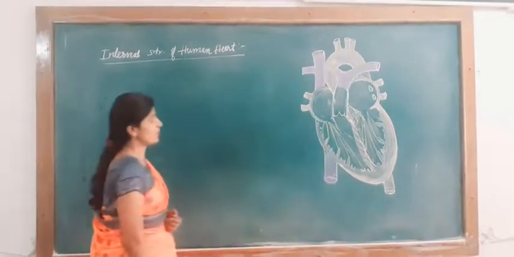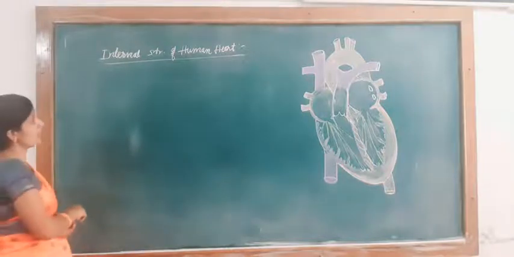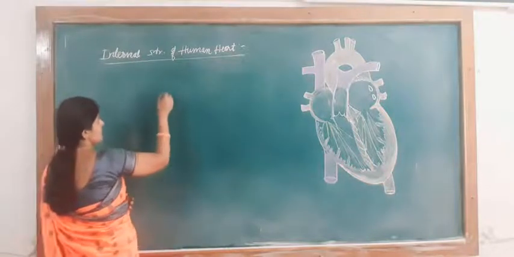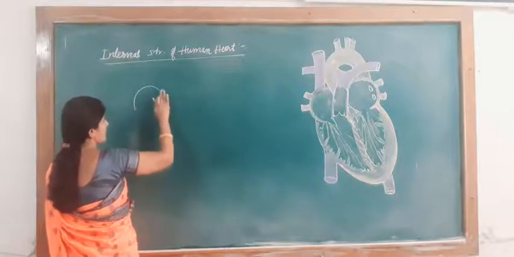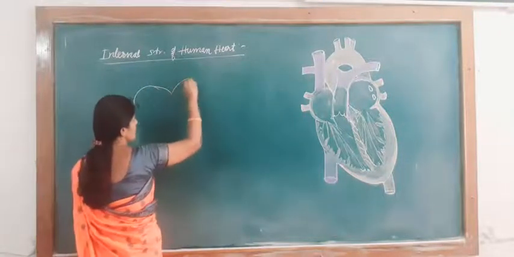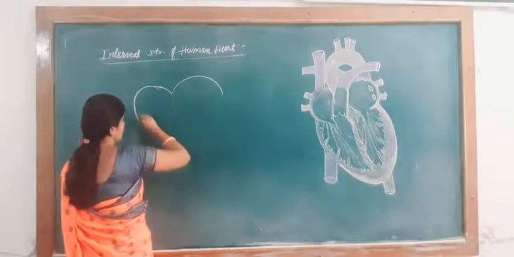There are 4 chambers. So in the internal structure of the human heart, it has 4 chambers like this. We will draw a rough diagram here.